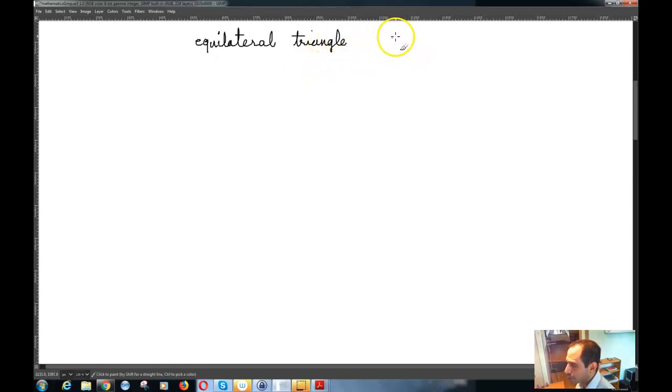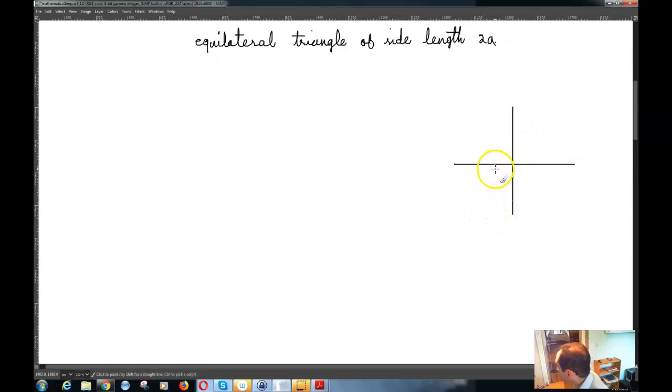That means that the sides are of side length 2A, along the y-axis such that the midpoint of the base is at the origin. The midpoint of the base is at the origin.